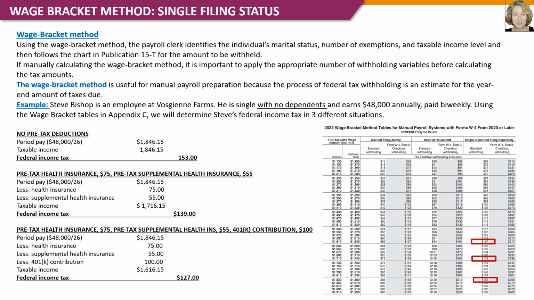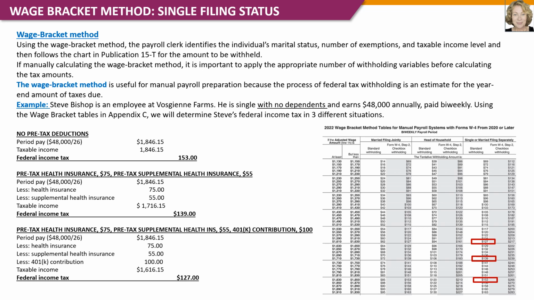So for Steve, we need to find the row that includes his wage of $1,846.15, which is about in the middle of the page. It's the row that starts with 1,830 and ends with wages less than 1,850. Then we move to the right until we find the standard withholding column for single taxpayers, and we find $153.